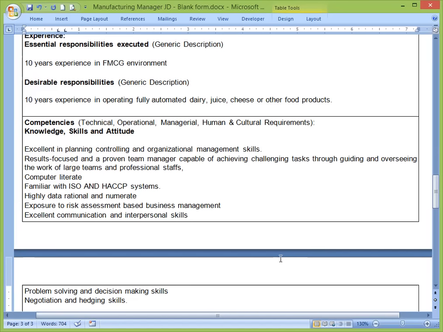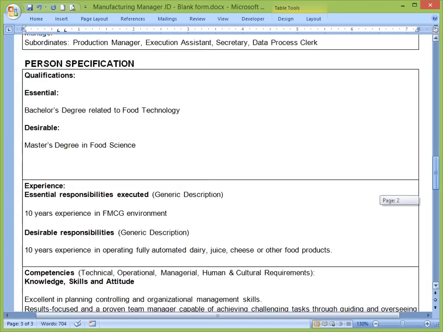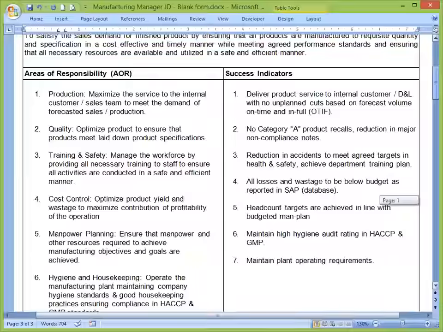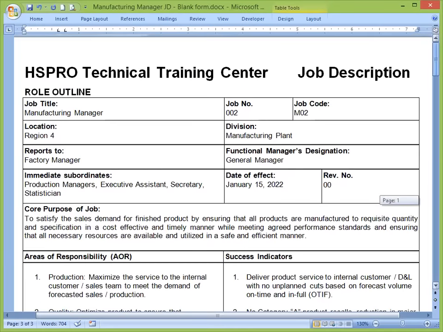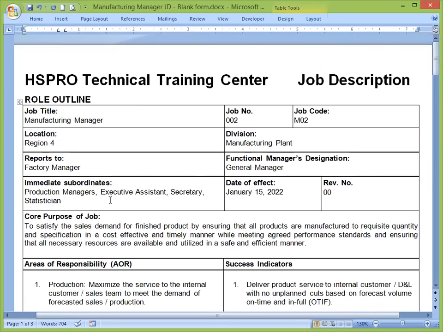I think more than enough. We can write more, but right now this is more than enough. So that's how we write our job description for manufacturing manager.